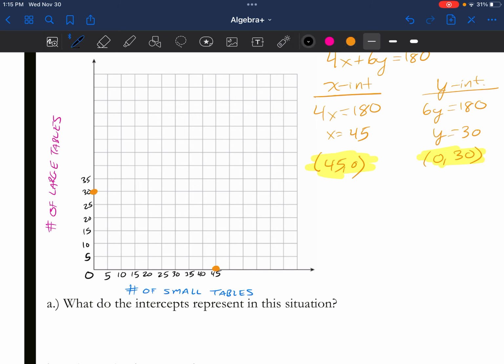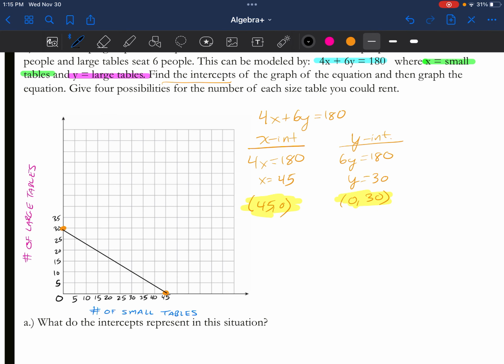Great, I have my 2 points, and then I'm going to want to draw a straight line between the 2 points. You're going to need a ruler for this, and you want to try and get it as straight as possible. Because we need to find 2 other points, right? So we start looking, is there anywhere it fits perfectly? Like anywhere that you see on this line and the grid lines, right?